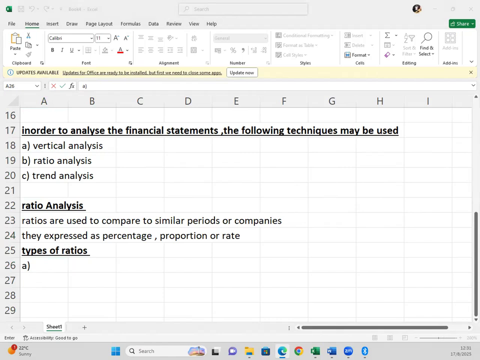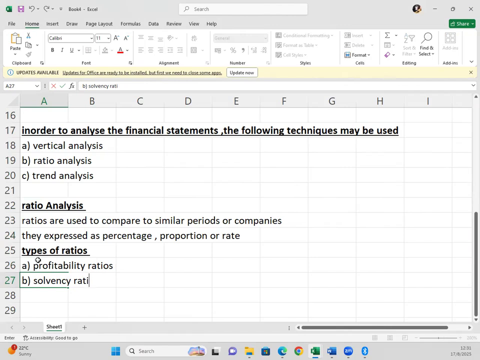We have the profitability ratios. Besides the profitability ratios, we have the solvency ratios. Besides the solvency ratios, we have the efficiency ratios, and we have the shareholders' ratios, or we can call them investment ratios.